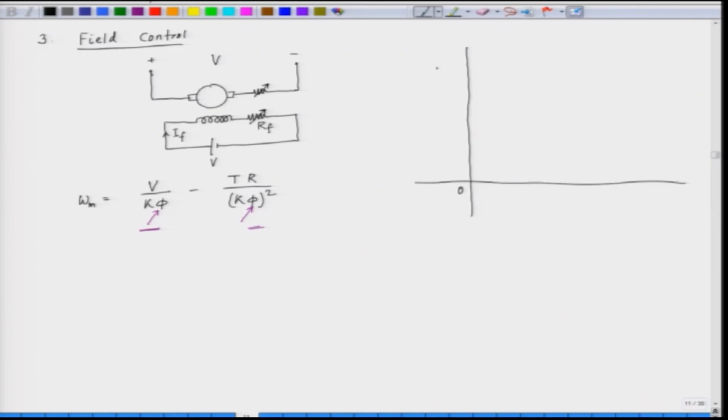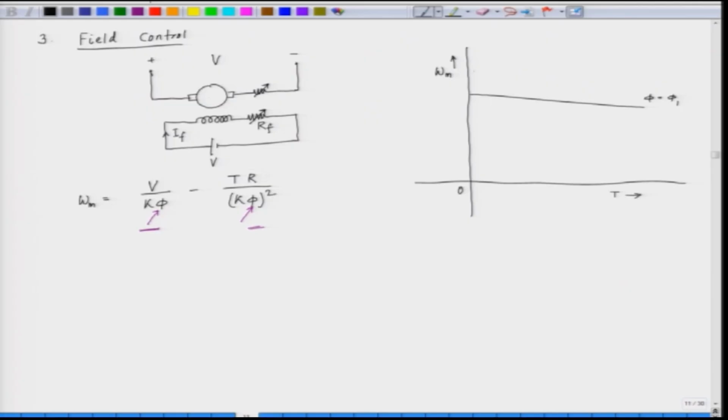As per the convention, we take the speed on the y axis, torque on the x axis. Now, let us say we have the profile here for the value of flux equal to phi 1. Now, what we do? We reduce the flux here. When we reduce the flux, the no load speed increases and the slope also increases.